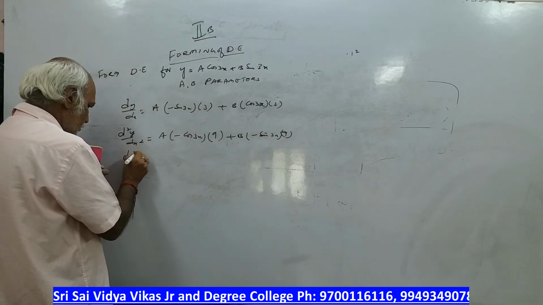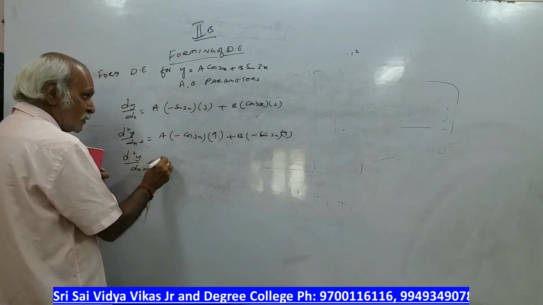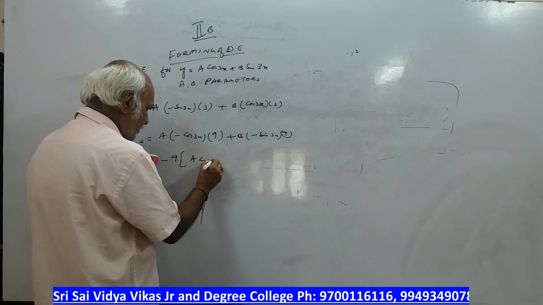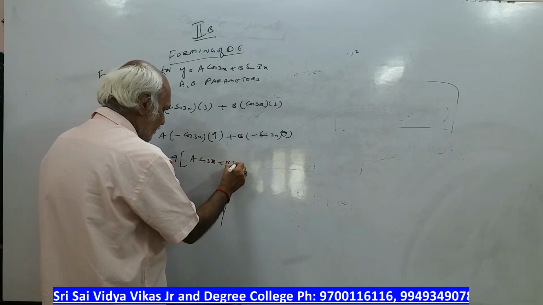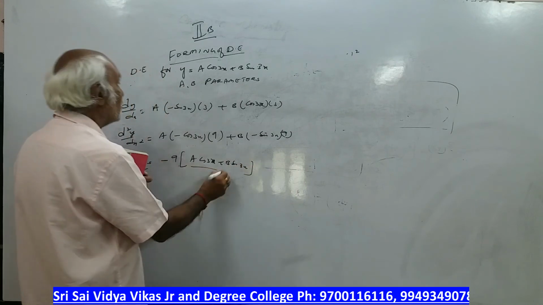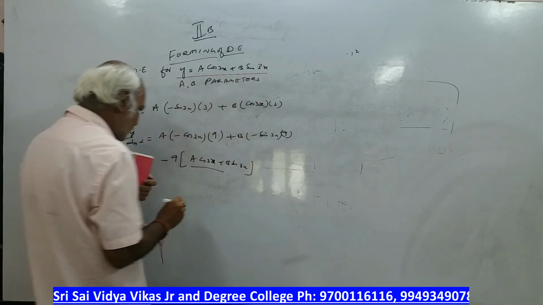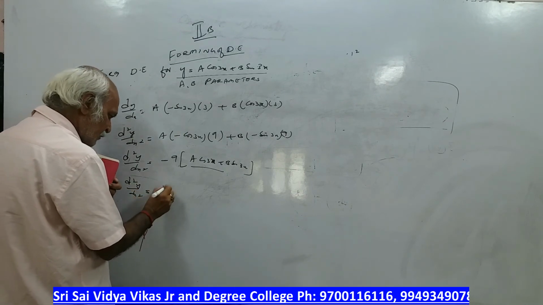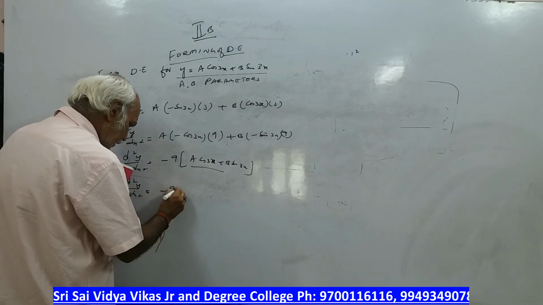Therefore, observe here, minus 9 common, so a cos 3x plus b sin 3x. But a cos 3x plus b sin 3x is what, sir? y. So d²y/dx² is equal to minus 9y.